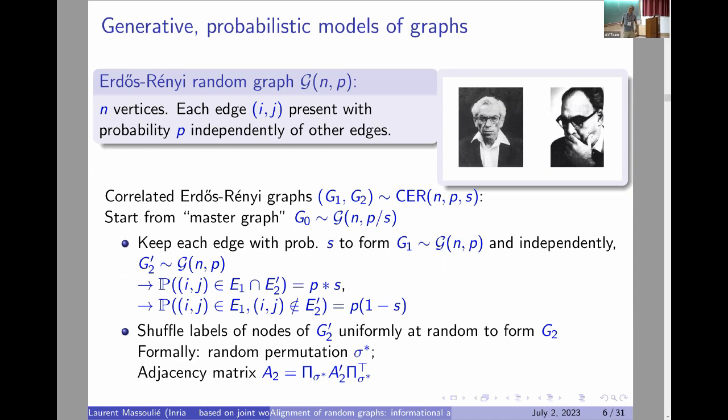Here we have conveniently introduced in our model a notion of a ground truth because we generated the two graphs using permutation sigma star to mess up the labels. And so the ground truth that we would like to retrieve will be this sigma star. So the game is as follows. We get the two graphs and we would like to retrieve sigma star.